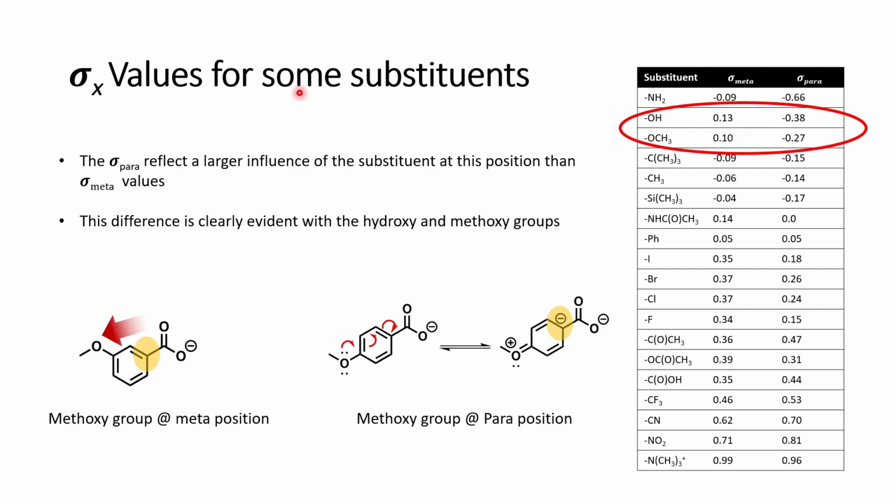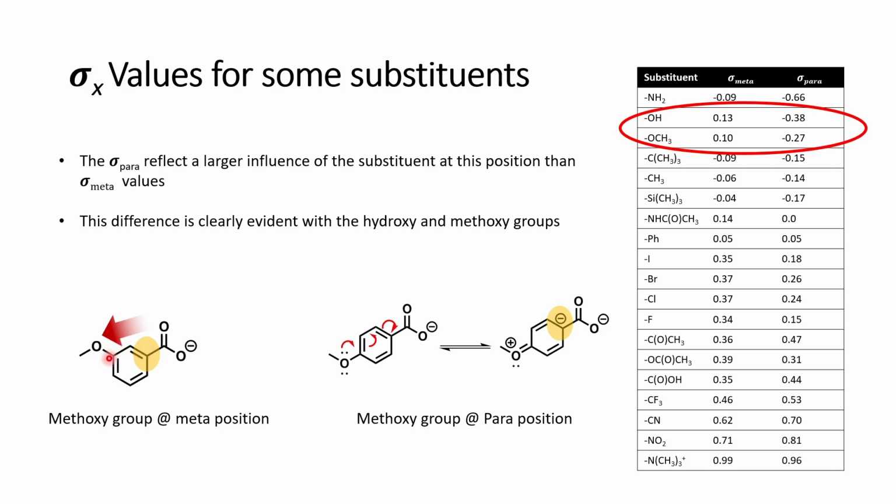As you can see here, this difference between sigma meta and sigma para is clearly evident with the hydroxy and methoxy groups. In the meta position, these groups are found to be electron withdrawing because they have positive sigma meta values, and they are electron withdrawing toward the highlighted carbon through inductive effect.